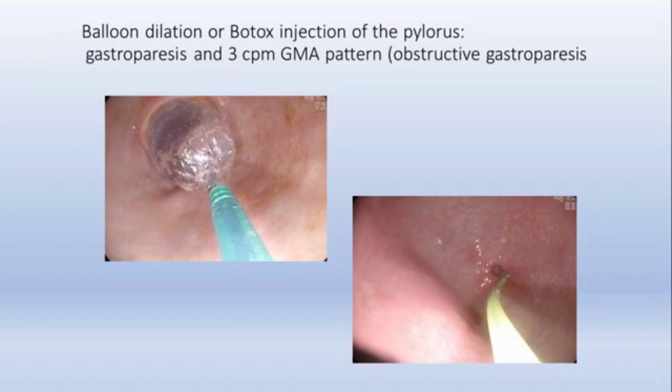And the panel on the left shows a balloon in the pylorus, and we're stretching it. So the Botox relaxes the pyloric sphincter, and the balloon idea is to stretch those muscle fibers so it's not so tight, and will let food empty a little better.